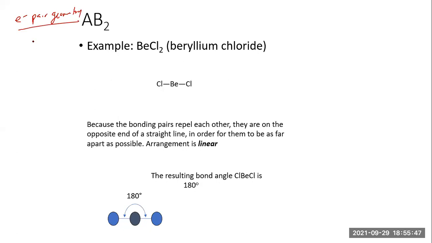That describes how the electron pairs around the central atom are arranged in three-dimensional space. The other name for the geometry is the molecular geometry, or sometimes referred to as the shape. And that describes as a whole what the actual molecule looks like in terms of its geometry and shape.